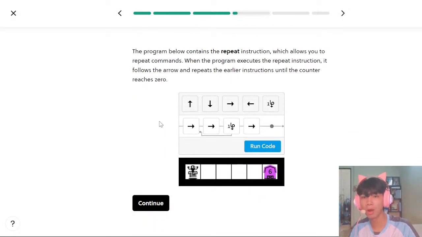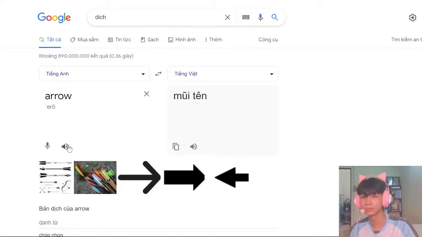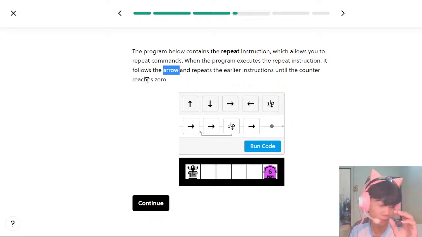The program below contains the repeat instruction, which allows you to repeat commands when the program executes. The repeat instruction follows the arrow and repeats the earlier instruction until the counter reaches 0.